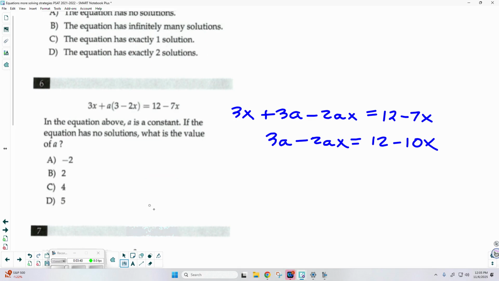So just like we did before, I'm going to go ahead and compare what we've got. So this negative 2a has got to equal negative 10 because they're both coefficients of x. Okay? And we could also say that, well, actually, I'm not going to say that until we finish this up. So negative 2a is equal to negative 10. So a is equal to, looks like I'm getting 5. Okay. All right. And there we go.